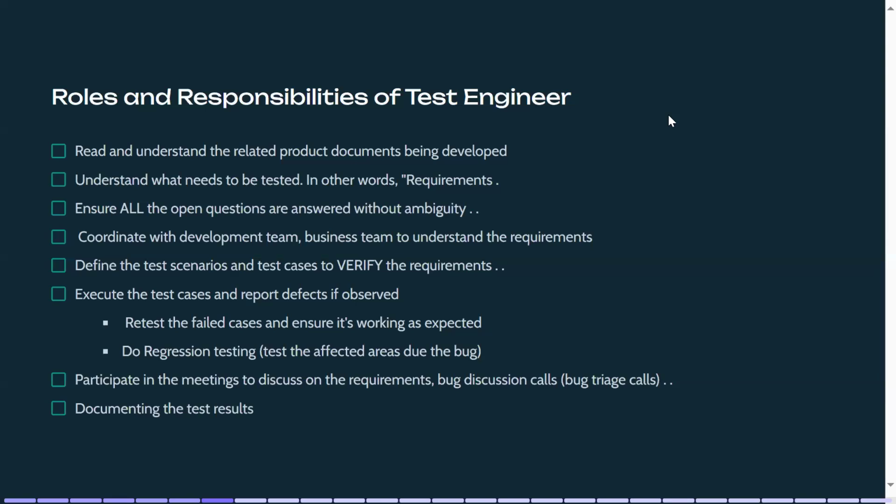So you have to collaborate with them and try to get the knowledge and interact with them, which really helps in terms of your testing. And the other one is to participate in daily stand-up meetings and reviews, scrum calls, sprint reviews, and sprint retrospectives. There are different meetings. We call it collaboration. What is the other role and responsibility of any test engineer?